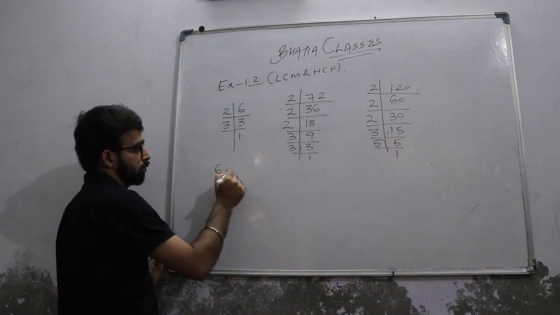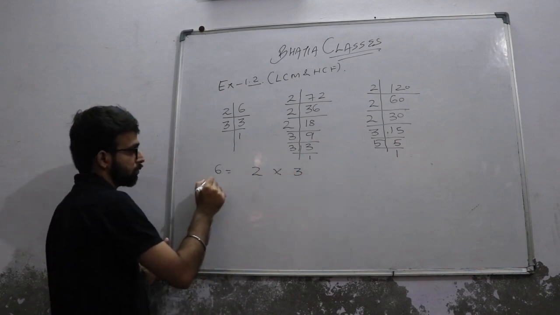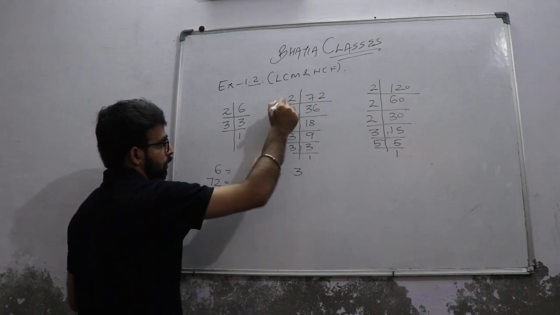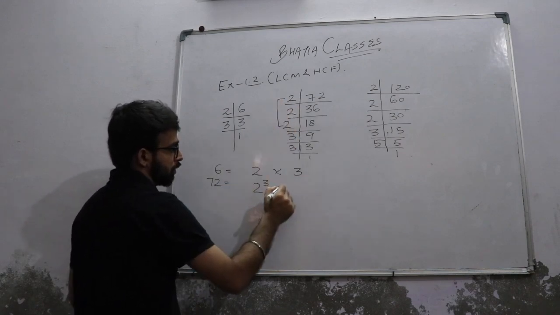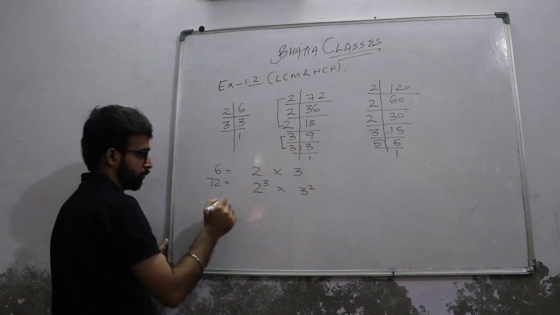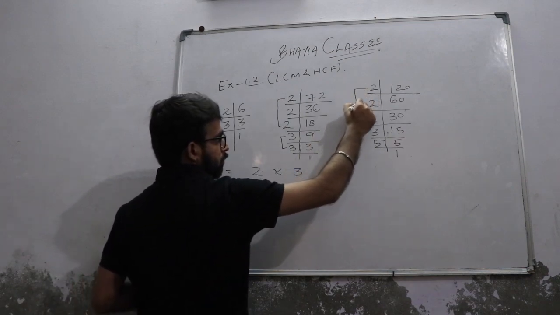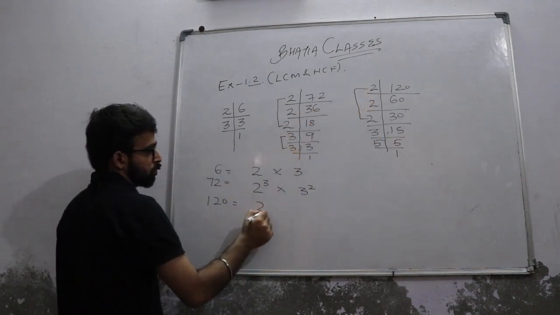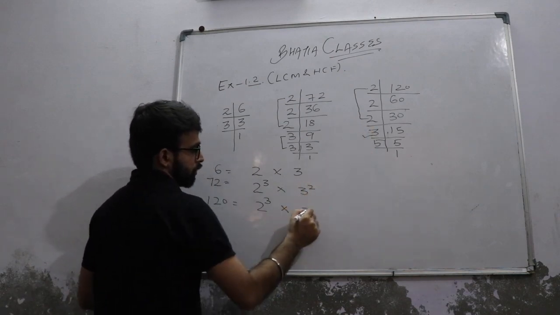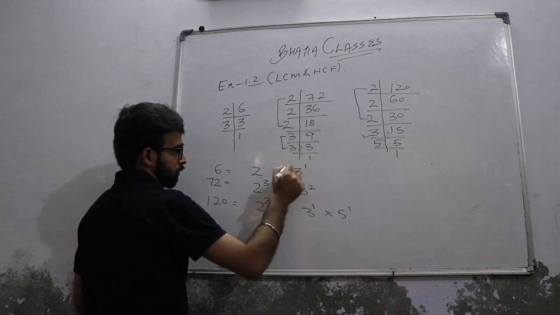6 is equal to 2 multiplied by 3. 72 is equal to 2 raised to power 3 multiplied by 3 raised to power 2. 120 is equal to 2 raised to power 3, 3 raised to power 1, 5 raised to power 1.